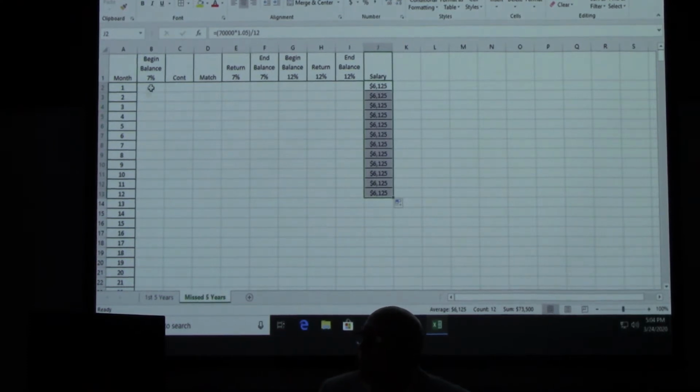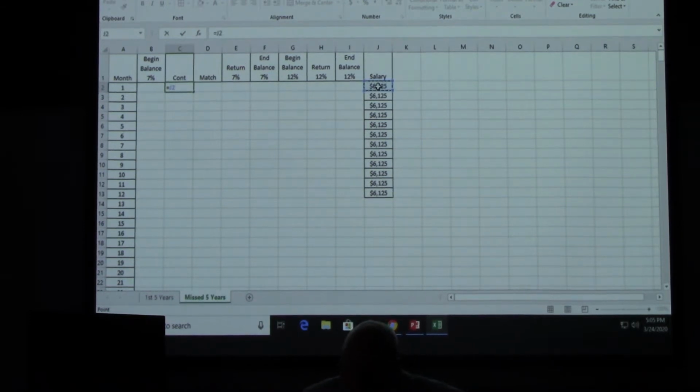So there's our salary, and our contribution is equal to this times 11%, and that will also be our match. We want this to equal that, and our beginning balance is 0.